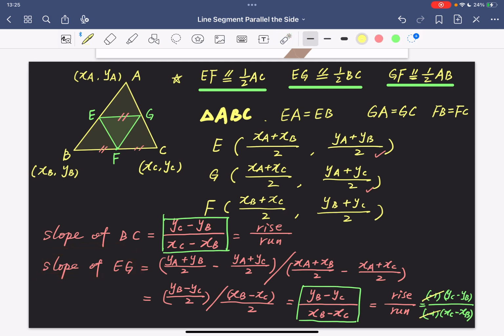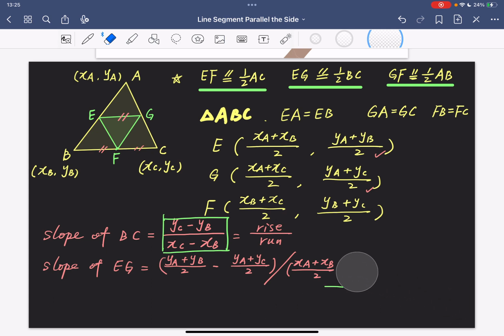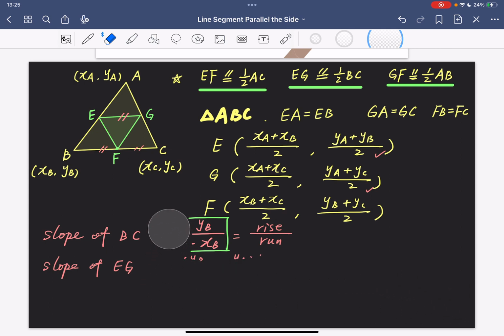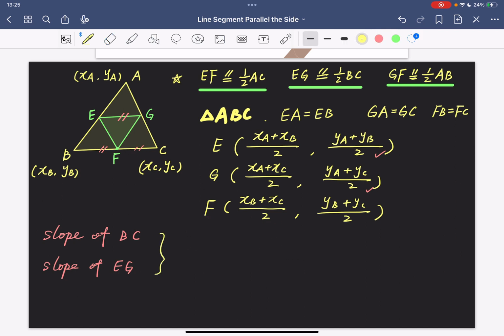So we get the following conclusion, that they are equal to each other. Slope of BC equals slope of EG.